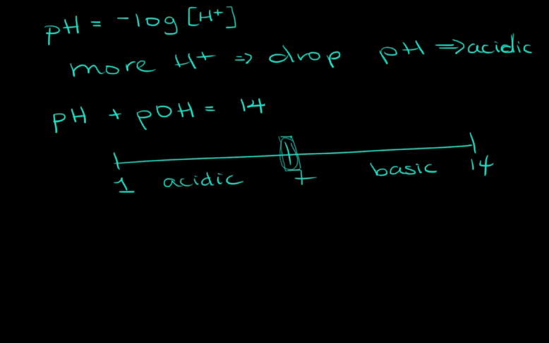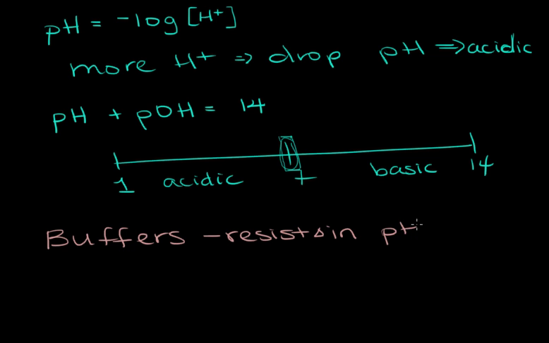So how do we make sure that the proteins stay folded? We keep the pH constant with combinations of chemicals called buffers, which resist the change in pH. Okay, so typically these are made from a weak acid and its conjugate base.